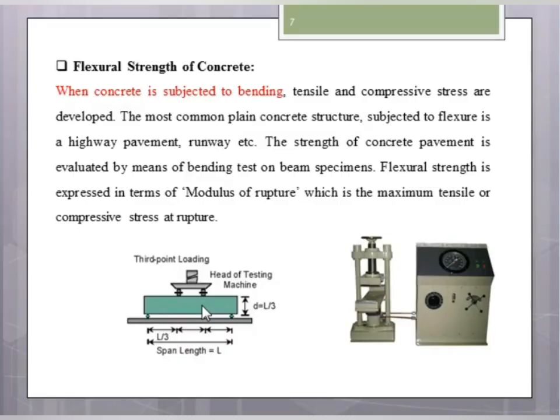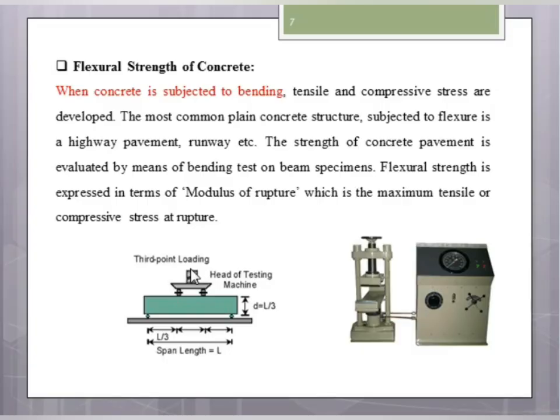But for the flexure test, the assembly is different, because the beam is simply supported, and the vertical loading is done through a single point load or double point load in both ways. So a similar process is there.